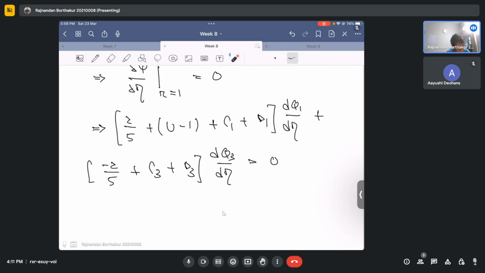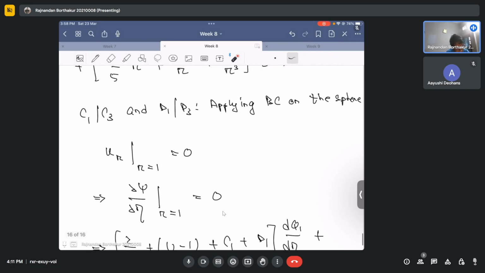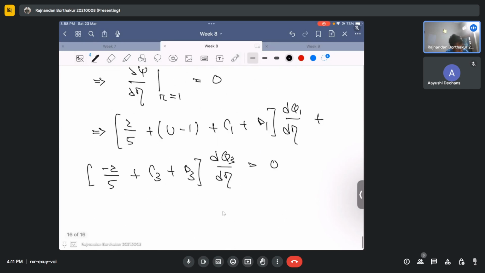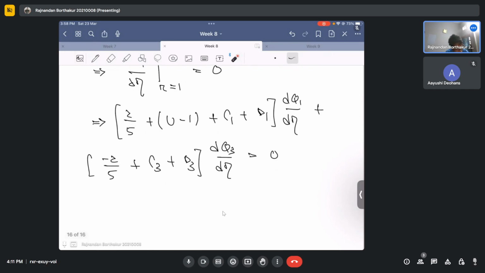So now can you tell me, from the first boundary condition, this is the first boundary condition, and from the first boundary condition, I got that. By the way, can you tell me what is this in terms of some other known polynomials? I mean, q1 is also known, but a simpler polynomial. Can you tell me what is this?